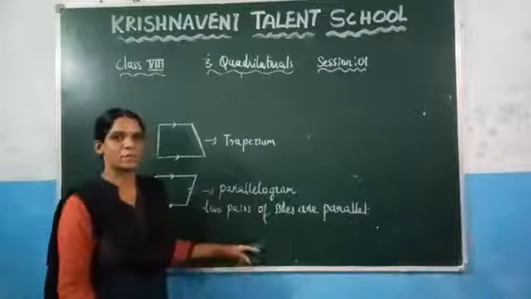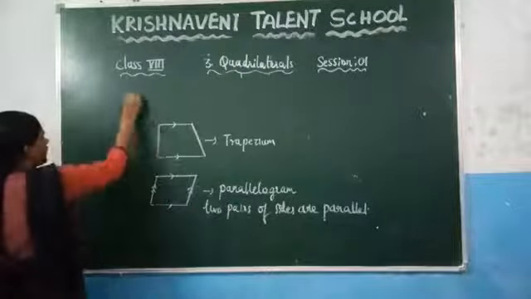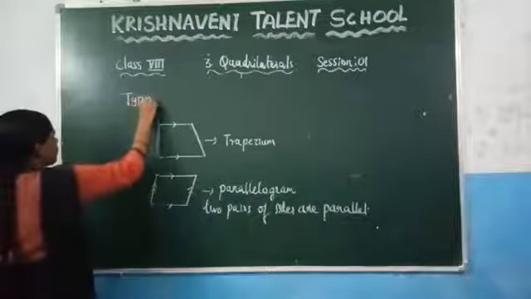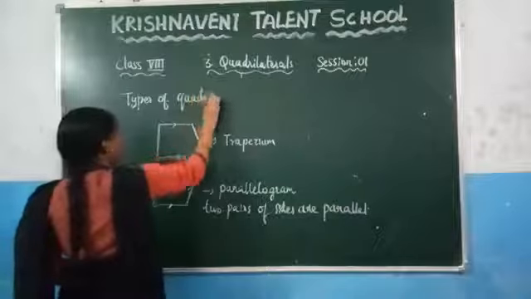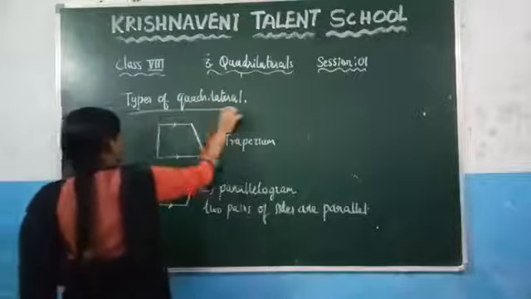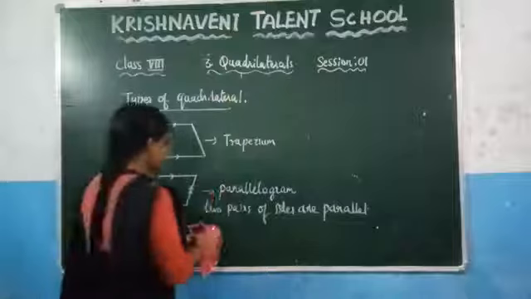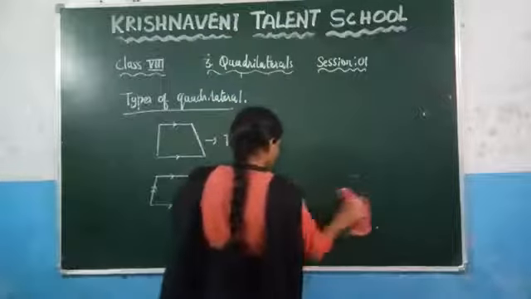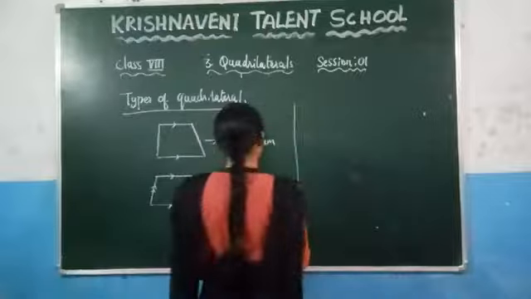So we have discussed up to two types of the quadrilateral, which are nothing but the types of quadrilateral. And see the next one here. We have talked about trapezium and the parallelogram. See the next type of the quadrilateral here.